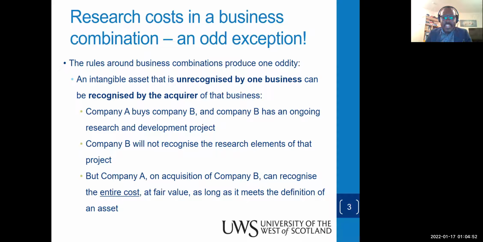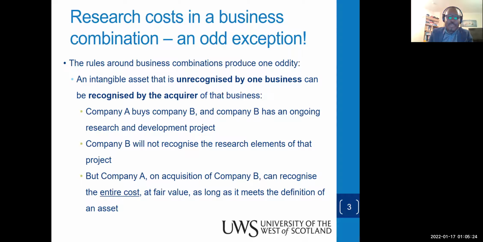We are saying that any intangible asset which was not recognized by one business, for example, they did some internally generated intangible but did not meet the PIRATE criteria, should not be recognized by one company. However, once you acquire that company which did not recognize the intangible, you must recognize it. That's strange, right? That's very strange.